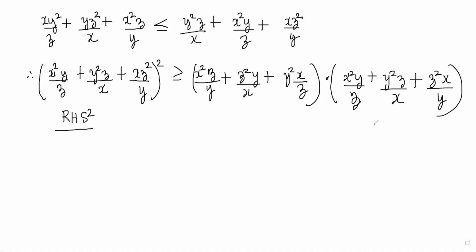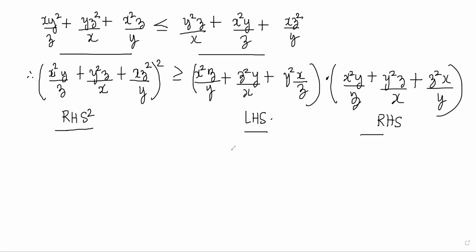So what am I saying here? This is the RHS here and this is the LHS, right? This inequality is true. RHS was bigger than LHS. So therefore RHS square should be greater than LHS into RHS, right? So this is a true inequality.